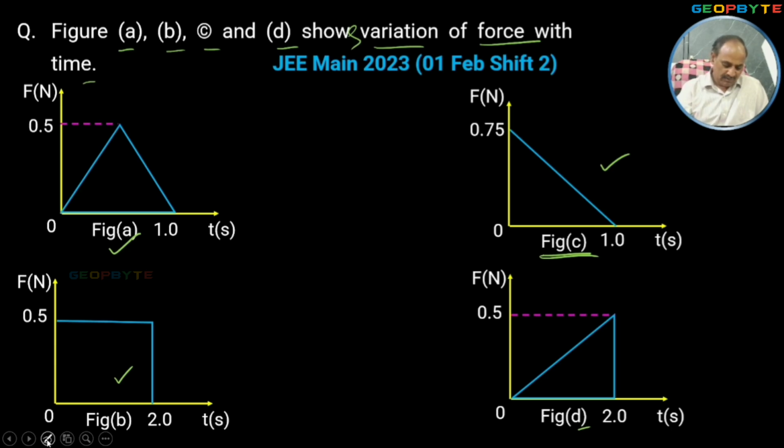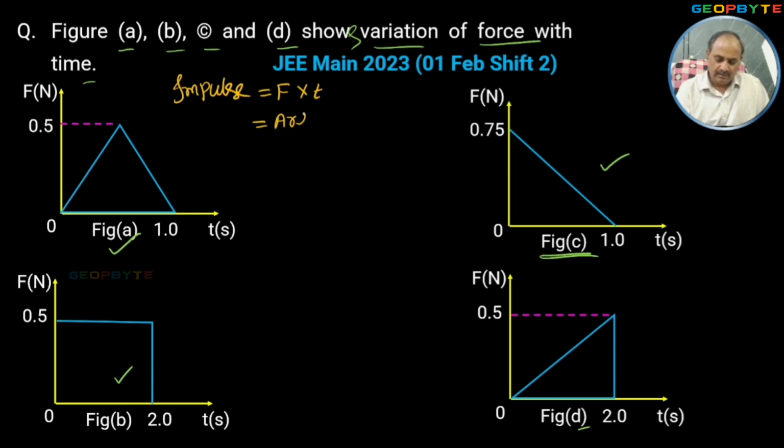As you know, impulse is equal to force multiplied by time, which is equal to the area of the force versus time graph.